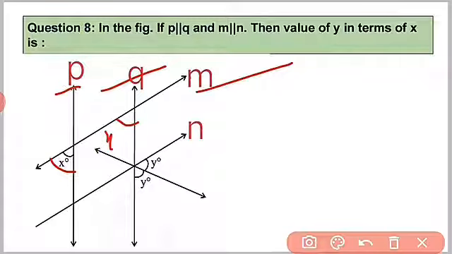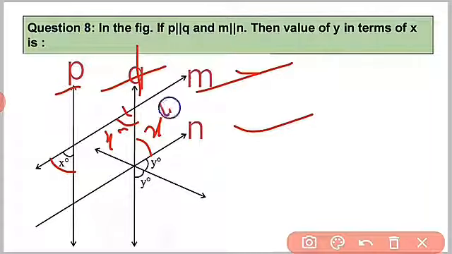So this will be equal to x degrees as they are corresponding angles. Now it is also given that M is parallel to N and Q is a transversal. So this angle and this angle will be equal as they are alternate interior angles.